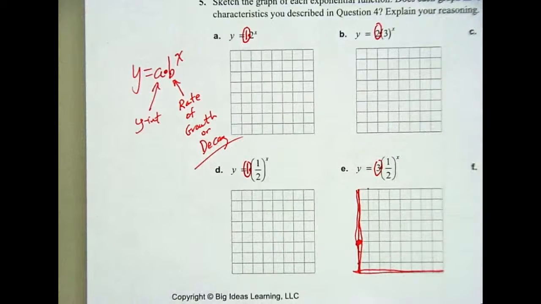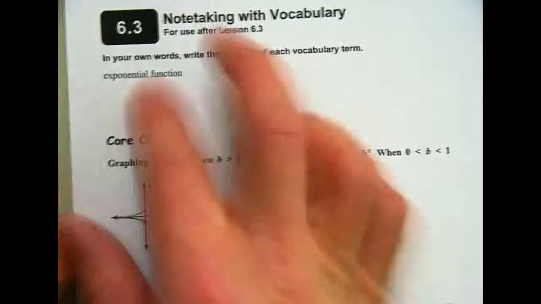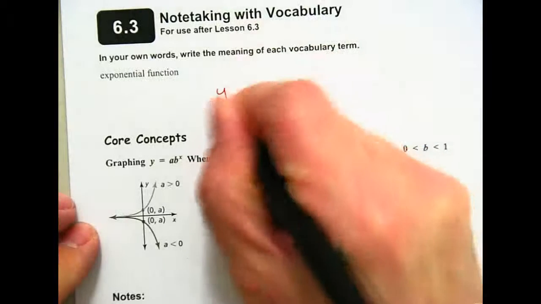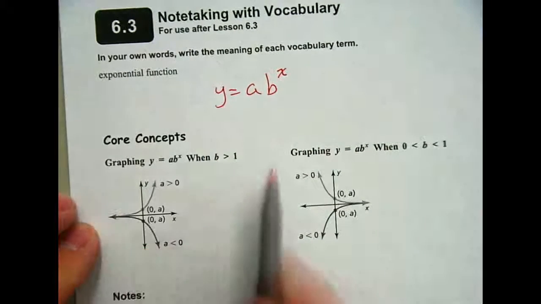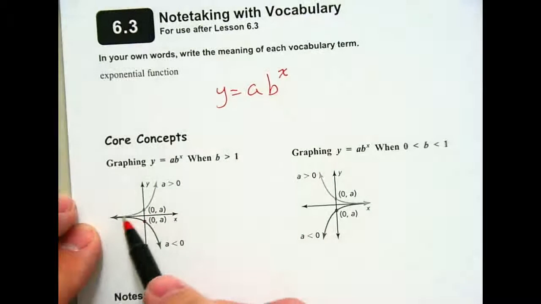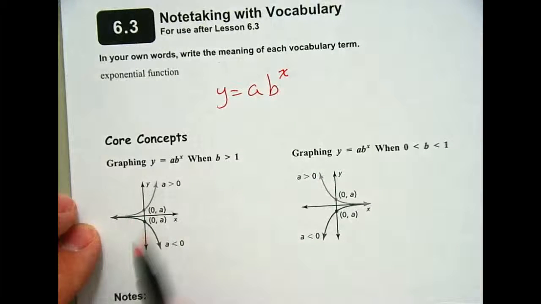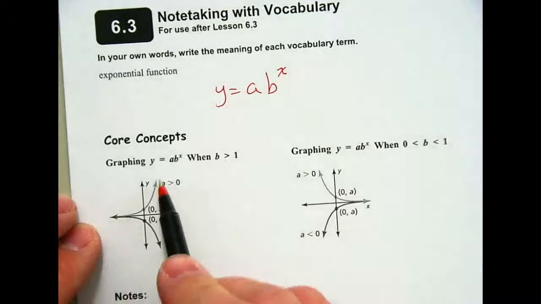Okay, so what I want you to do, let's go ahead and take a look at page 180. Almost done here. Page 180. On page 180 it says graphing, we've got our core concepts here. You can define exponential function. Maybe you want to summarize what y equals abx means there. And then over here, they've kind of went through what happens if b is bigger than 1. How your graph goes up like this. But if it's less than 1, okay, or excuse me, if a is greater than 0.